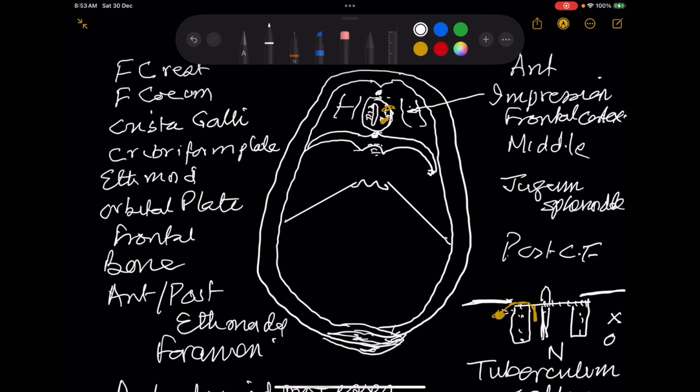Then you have a foramen on this side of the clinoid process. Let us make this foramen blue. A foramen here, which is the optic foramen, and on the lateral side of the clinoid process you have another foramen, which is the superior orbital fissure.